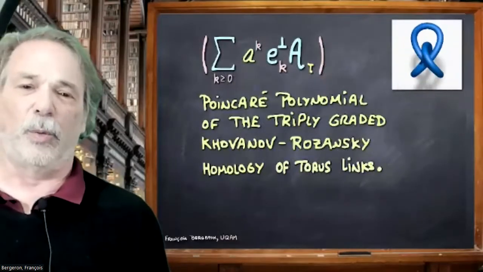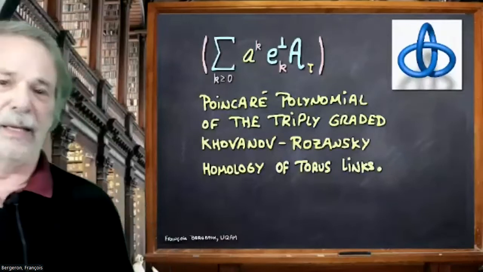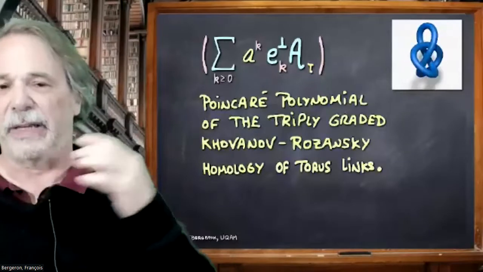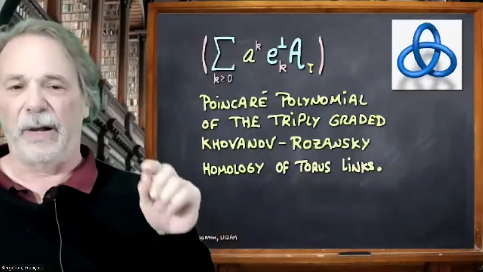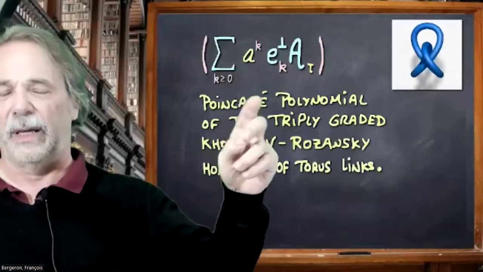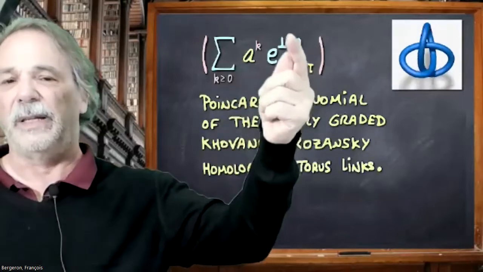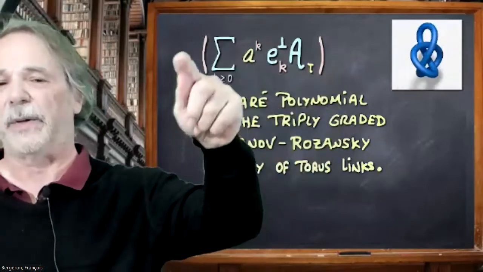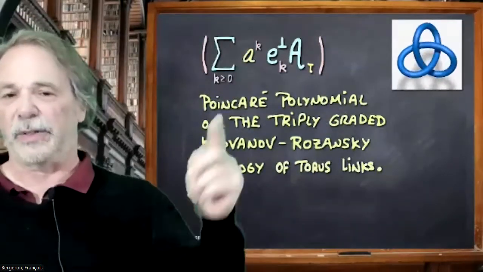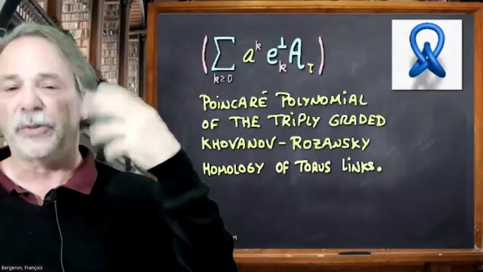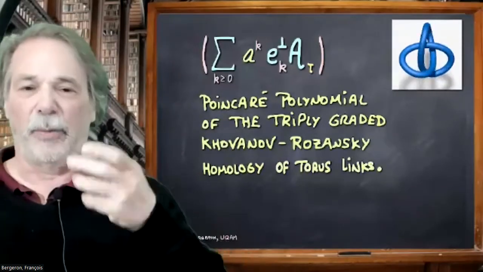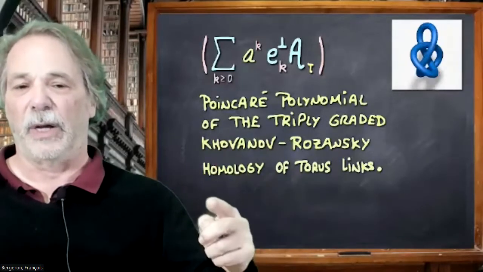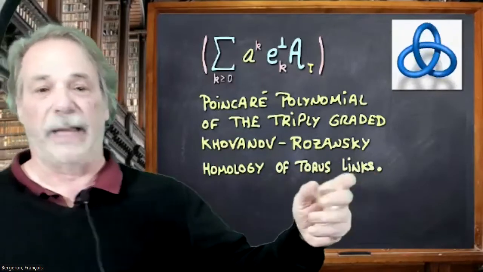So one of the reasons why these things are interesting is because you can explain very complicated calculations using these A tau. So you calculate the A tau, and then out of it, you calculate this whole expression. And this whole expression is a combinatorially reformatted Poincaré polynomial of the triply graded Khovanov-Rozansky homology of a torus link.